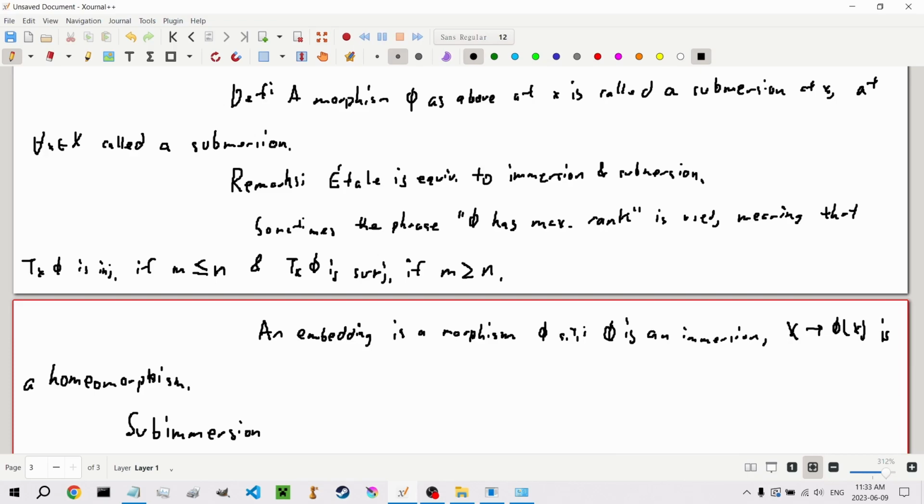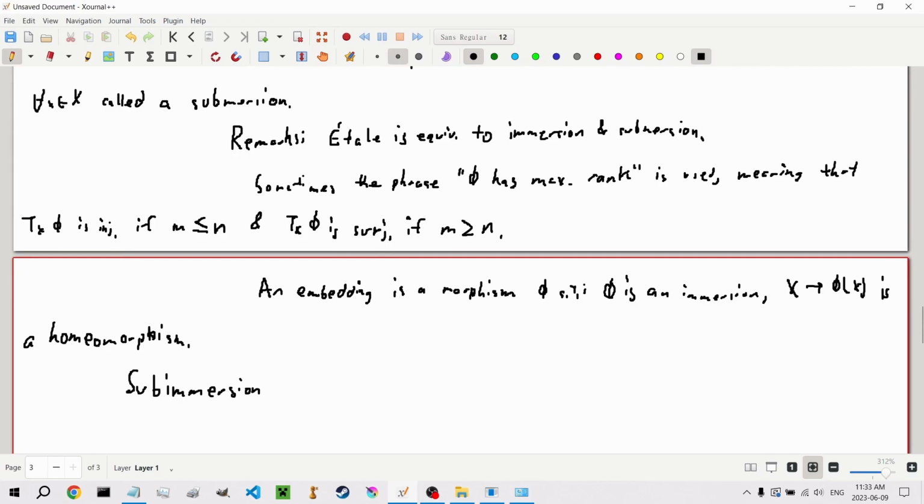Okay, so what is the definition of a subimmersion? Phi is a subimmersion at x if the following equivalent conditions are satisfied.